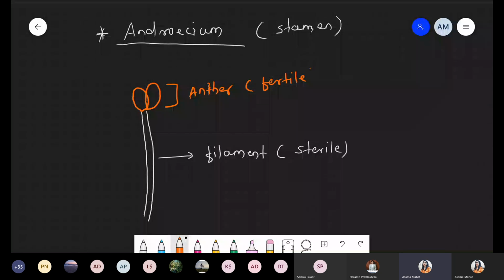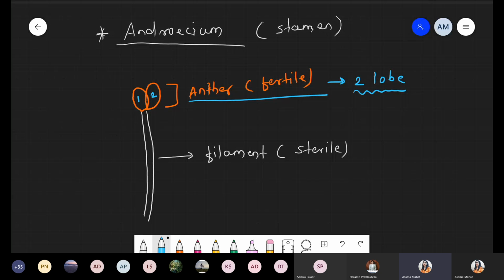Why is it fertile? Inside the anther there is the presence of pollen grains, which further represent the male gamete, the male reproductive part. Now in this condition, I'm giving the numbers 1, 2. The anther, which is a fertile part, has two lobes. It consists of two lobes, okay?